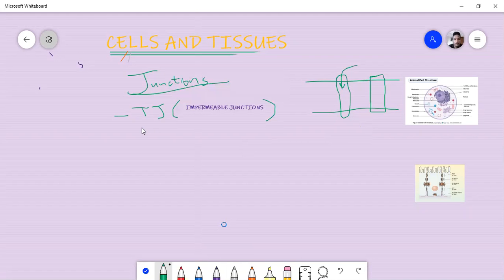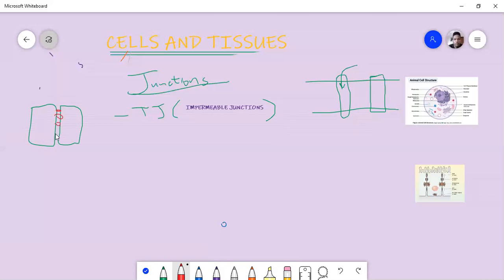So what do your tight junctions look like? A zip, right? If this is cell number 1 here, and cell number 2 here, and this in green is your cell membrane, because you only find junctions between the cell membrane of one cell and another. So your tight junctions would be here, holding these membranes together like that. So they look like a zip.